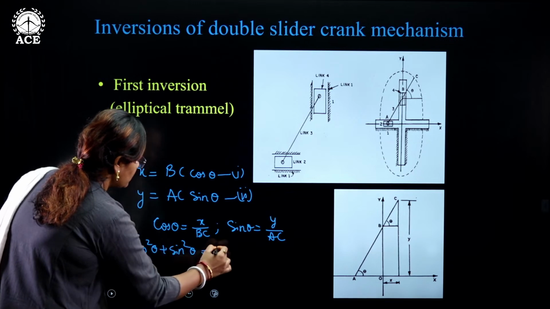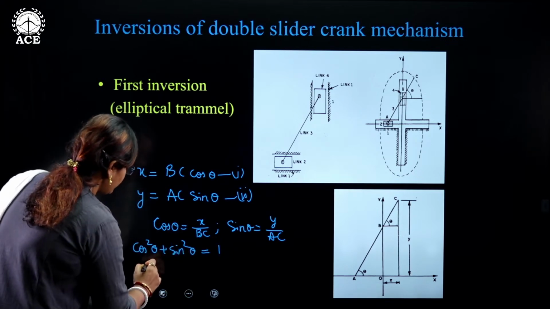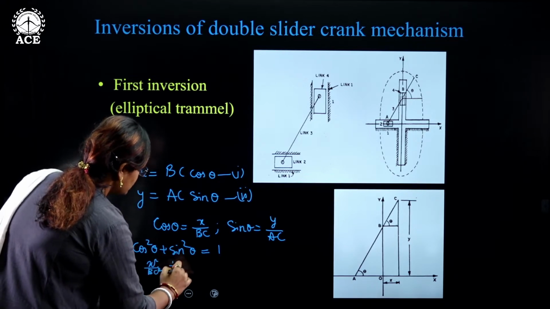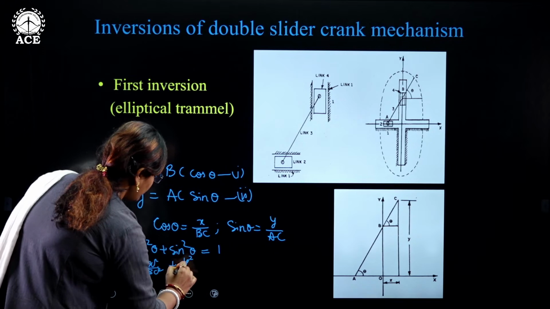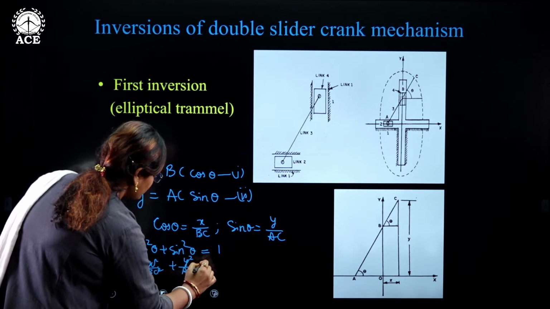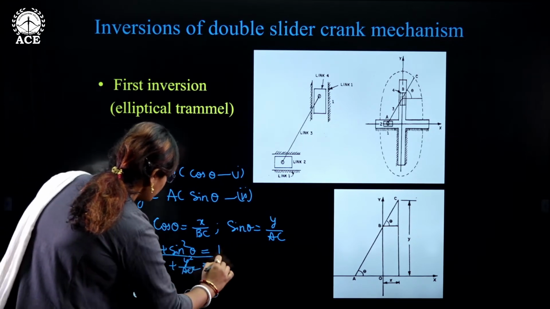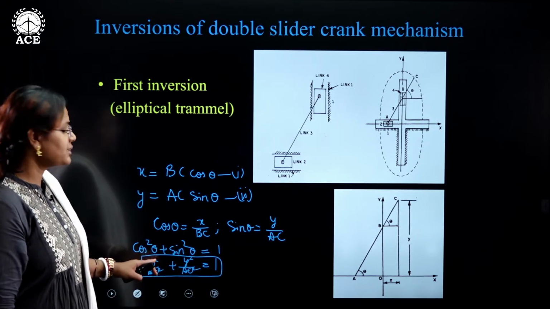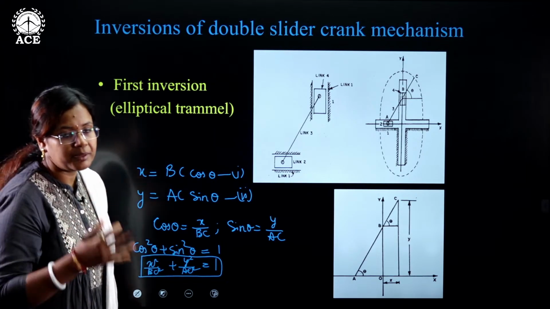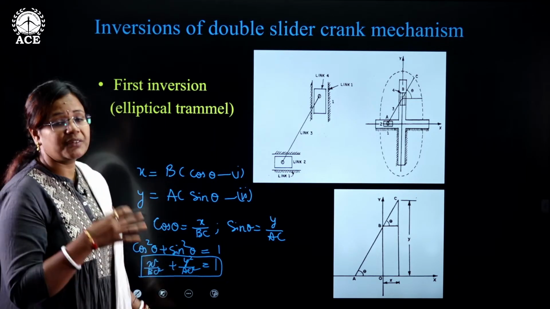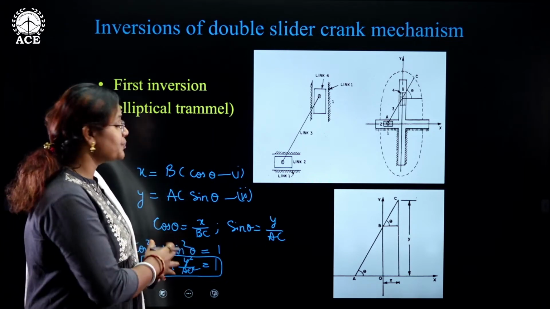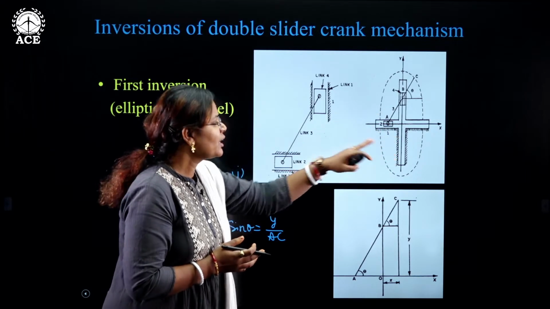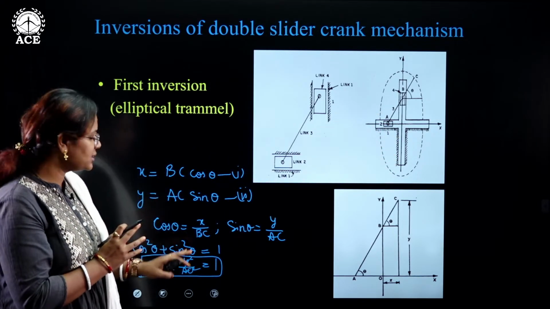We know that this gives 1, and cos square theta will be x square by BC square plus sin square theta will be y square by AC square is equal to 1. So this expression is similar to the ellipse equation, where x square by a square plus y square by b square is equal to 1. That is the equation given for ellipses. So hence proved that yes, this particular arrangement of the links will finally yield a perfect ellipse. This is how it is proved.